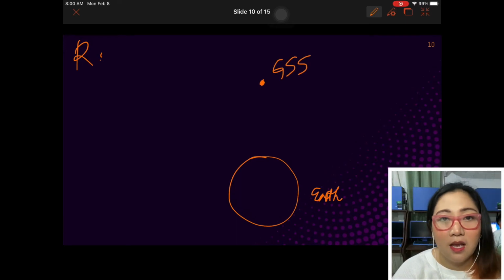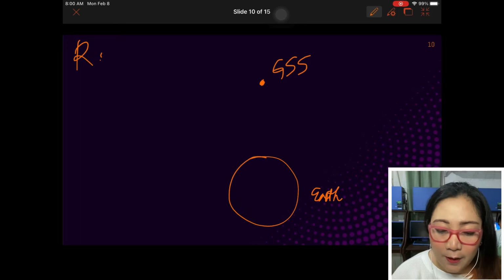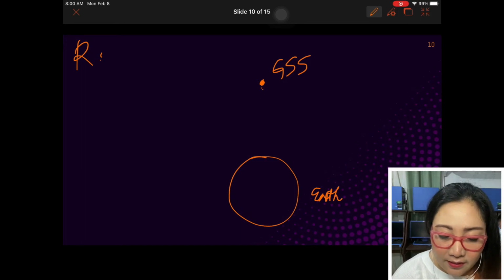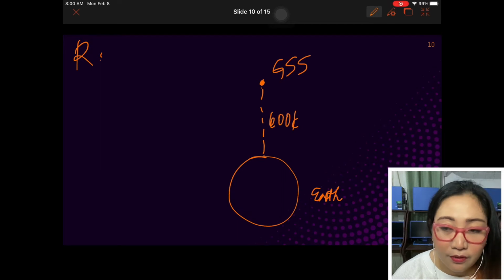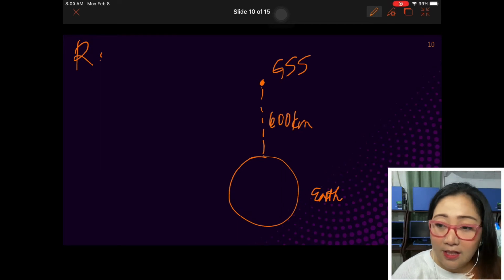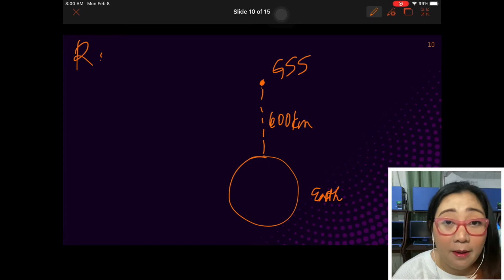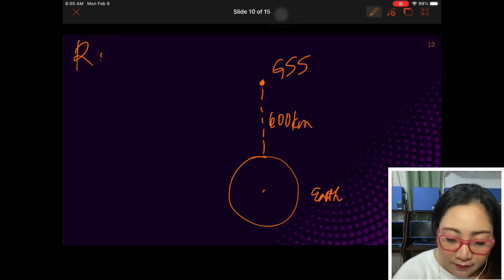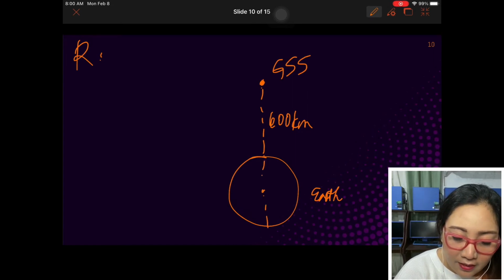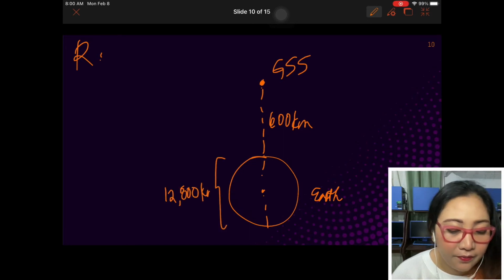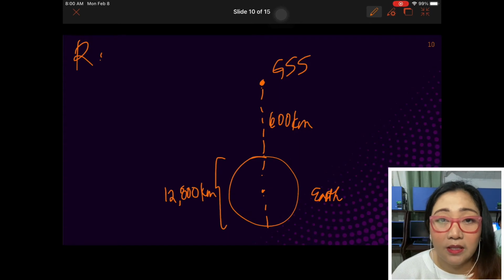So, GSS. Tawagin natin siyang GSS. Okay? And it is 600 kilometers above the Earth. Okay? And then, we also know that the diameter of the Earth is... Ano daw yung diameter ng Earth? 12,800 kilometers. Okay? And then what?